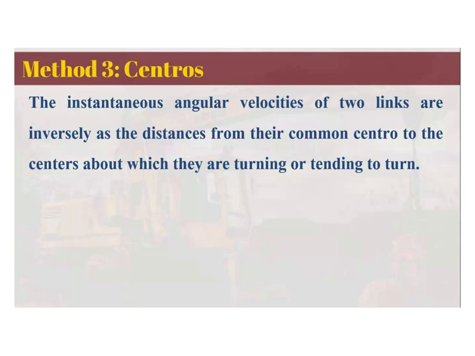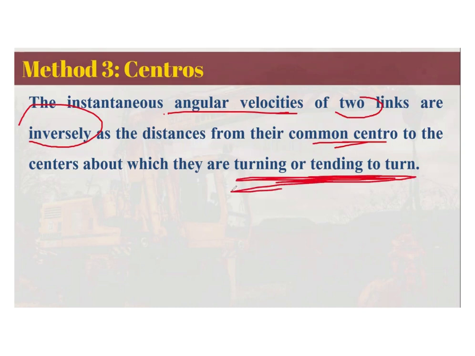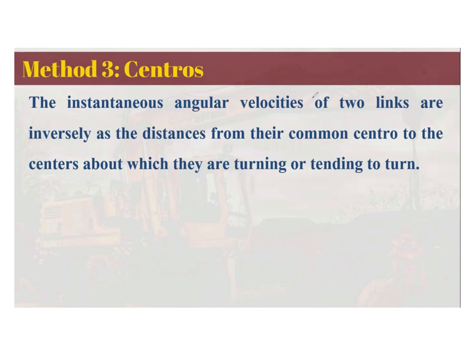So what I'm trying to say here is, if you are looking for the instantaneous angular velocities of two links, the angular velocities of two links are inversely as the distances from their common centro to the centers about which they are turning or tending to turn. Basically, the centro method is almost similar to the instantaneous center method, or method number 2.